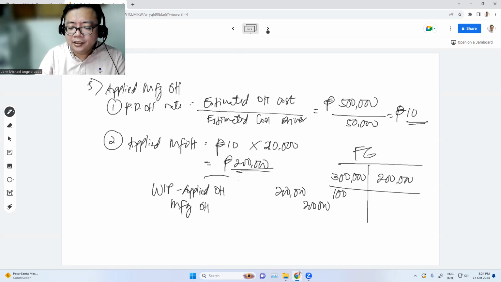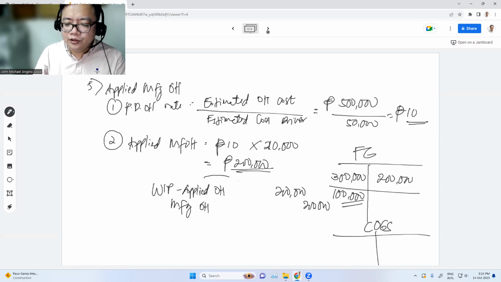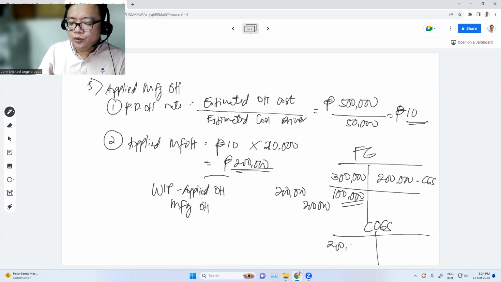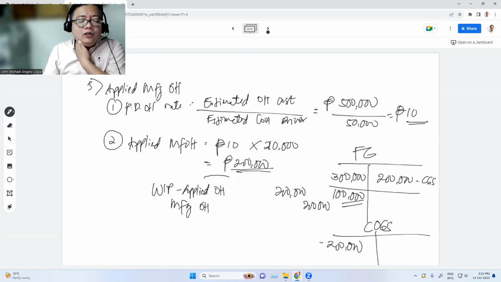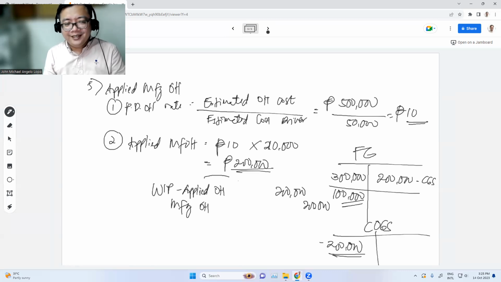Ibig sabihin, your balance na lang at the end of the month is worth 100,000. Ililipat din sa ating CGS worth 200,000. So, the 200,000 here, yan yung ating naibenta na. Ibig sabihin, cost of goods sold mo ay 200,000. Yan. So, hopefully, naintindihan ako, class, ha?